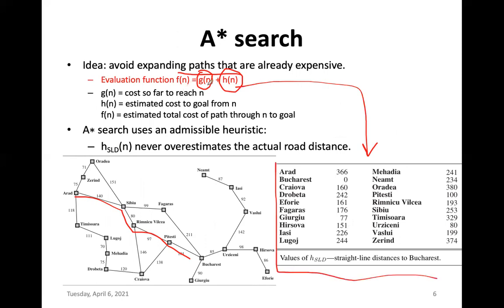On the other hand, g(n) is the cost you are seeing on the map, the actual cost between different nodes, which is written on the map. So g(n) is the cost so far to reach a node or state n, and h(n) is the estimated cost to the goal from n.